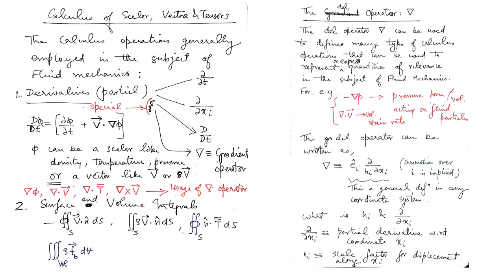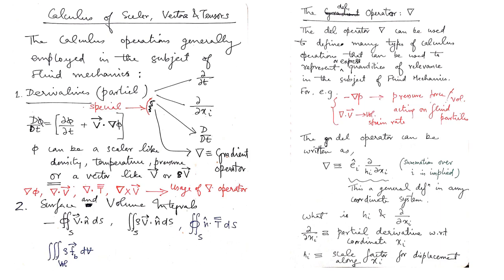So this is the use of derivatives in four ways, as I've mentioned here. Two are direct, del t, del xi, and two are just combinations of all these time and space derivatives, the material and the del operator.